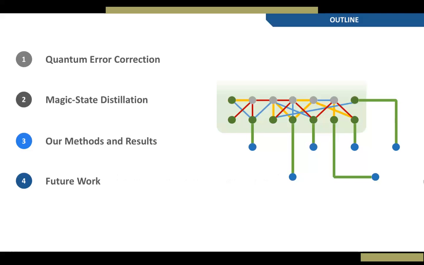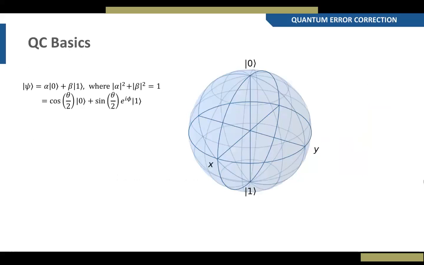Okay, so to begin with, I'll introduce some very basic concepts in quantum computation. Specifically, a qubit can live in a superposition of two basis states, 0 and 1, written here at the top of the slide as a linear combination where the two coefficients in front of the two bases are complex numbers that satisfy this normalization criterion, alpha squared plus beta squared equals 1. Alternatively, you can also write this in terms of its spherical coordinates, written at the second line.